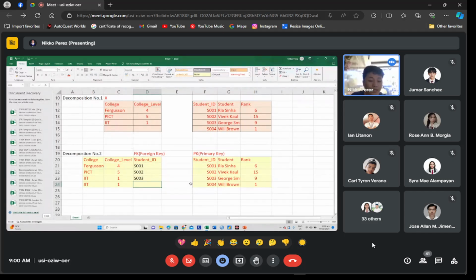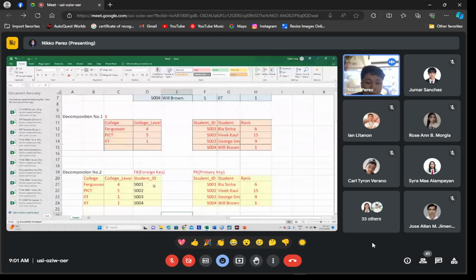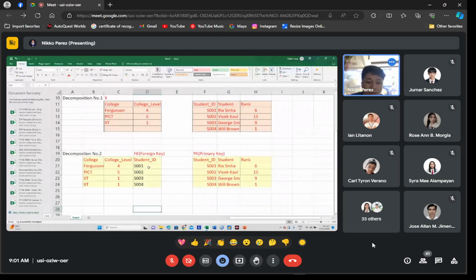So all we have to do is to repeat again the IIT representation here because we know that we have 2 students enrolled in IIT. So atong i-distribute is 004. If we link back, if we will go back, if we try to check the record, so nanay relationship.